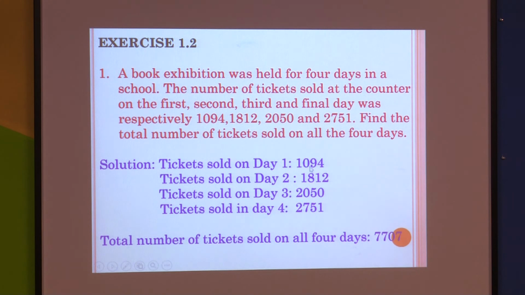Yes, exactly right, addition. To find the total we need to do the addition. So, addition of all these tickets sold on all 4 days is equal to 7707. So, total number of tickets sold is 7707. Let us go on to solve the next example from exercise 1.2.